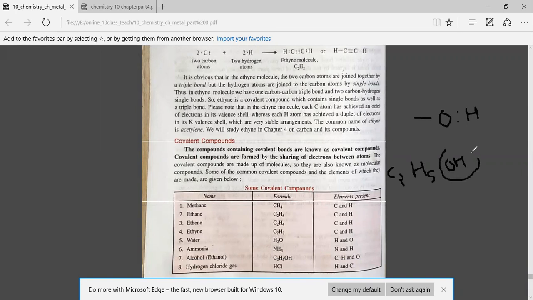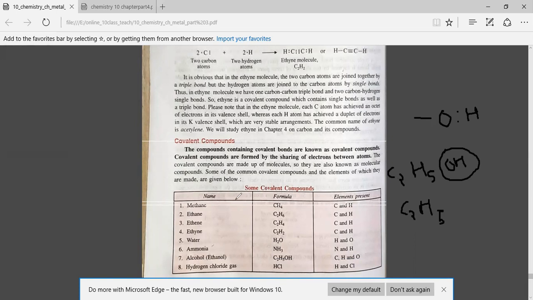Okay, so this is actually a functional group, and so we take OH together. OH will be taken together, and you can combine the carbon and hydrogen as usual. So try for C2H5 first. Try to make this C2H5.